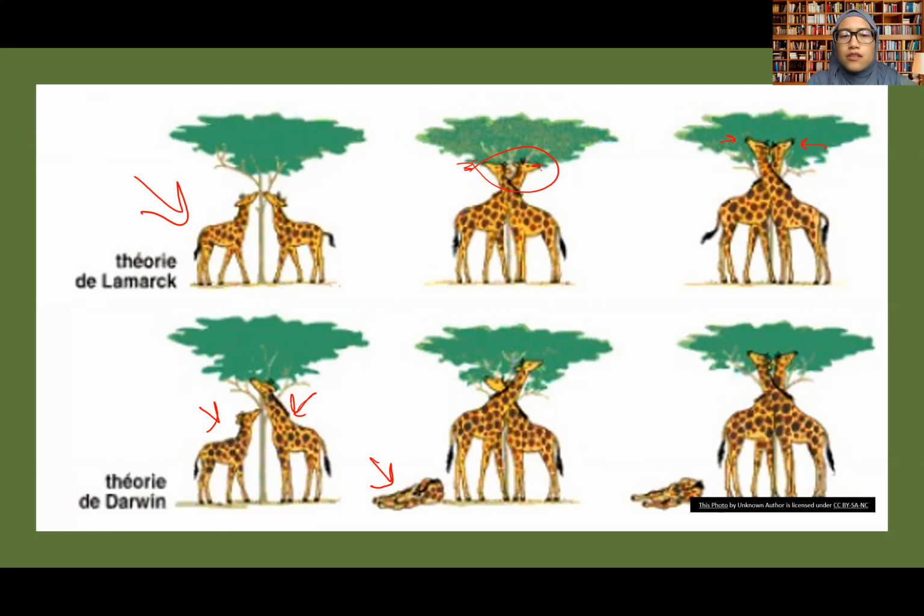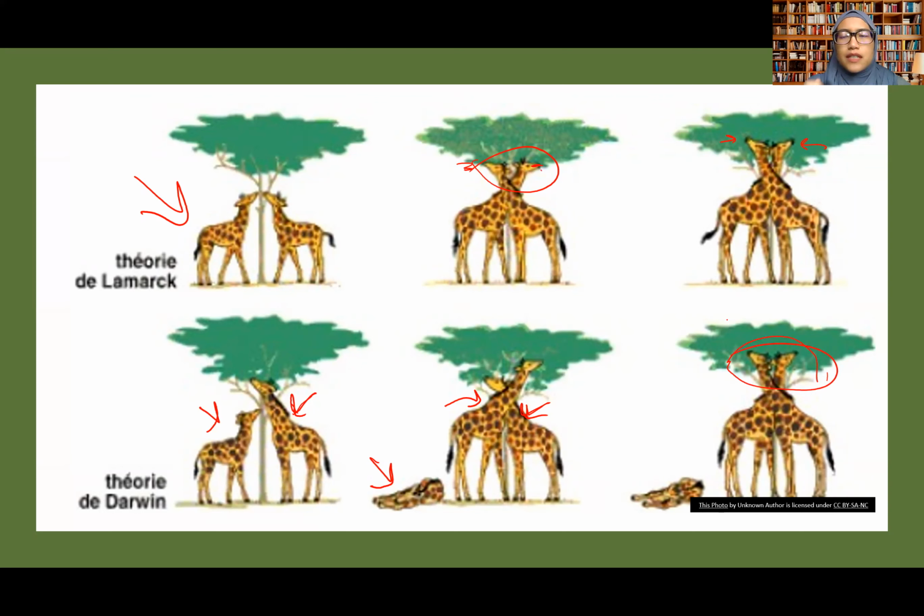So the slightly taller giraffe is still able to survive, but when it competes with a taller giraffe, which can reach a higher level of leaves on the tree, this taller giraffe has more advantage, and so this shorter giraffe will die as well. And what is left is the giraffe with a long neck.